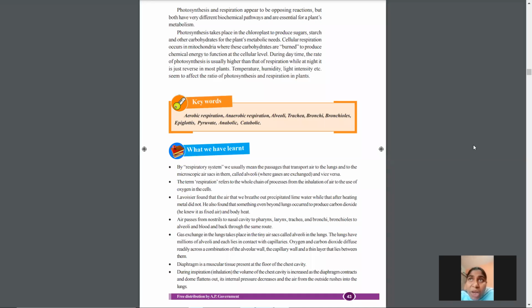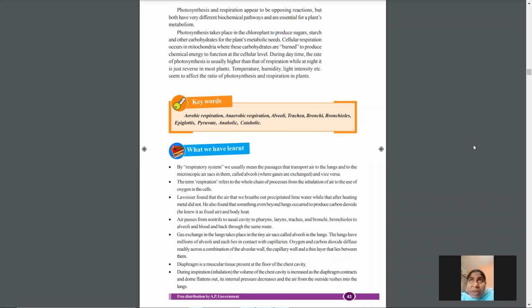That is why the rate of photosynthesis is higher during the daytime when compared to respiration. The reverse, the rate of respiration is higher during the night time compared to the rate of photosynthesis. So what factors will affect the rate of photosynthesis?